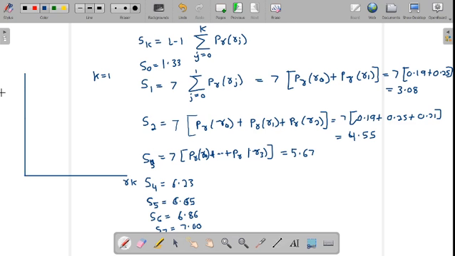This is nothing but SK. 0, 1, 2, 3, 4, 5, 6 and 7.